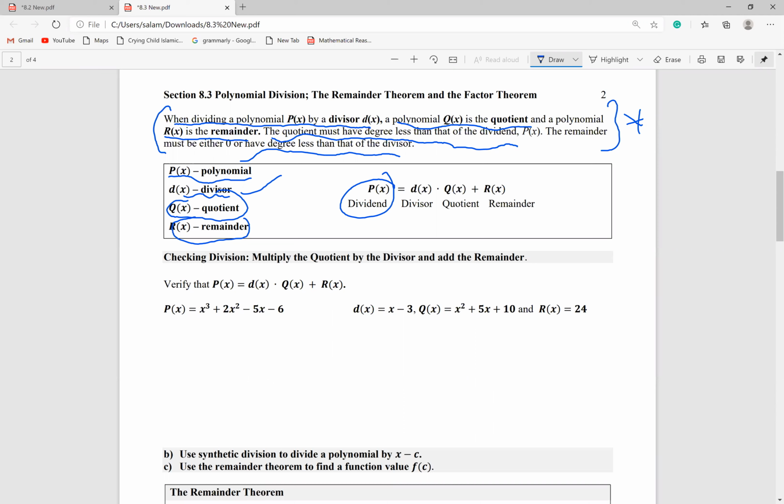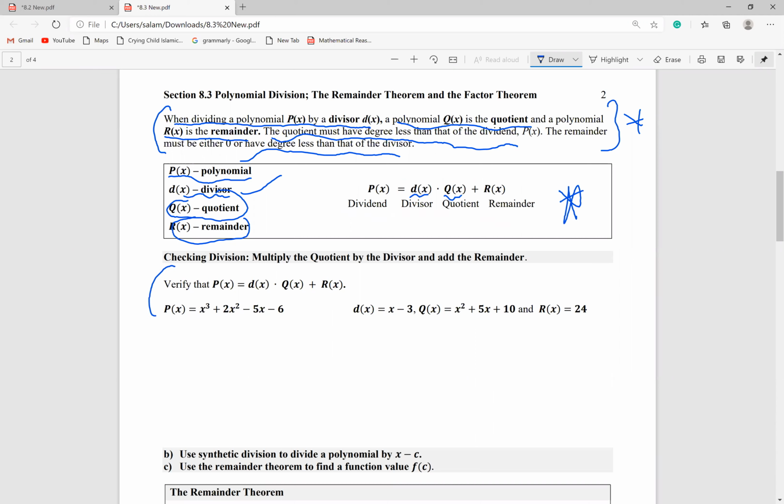So we can actually write any polynomial in this form. You can say your dividend p of x is equal to d of x, your divisor, multiplied by q of x plus r of x. We'll try to verify that, and that is the next thing we are going to do.